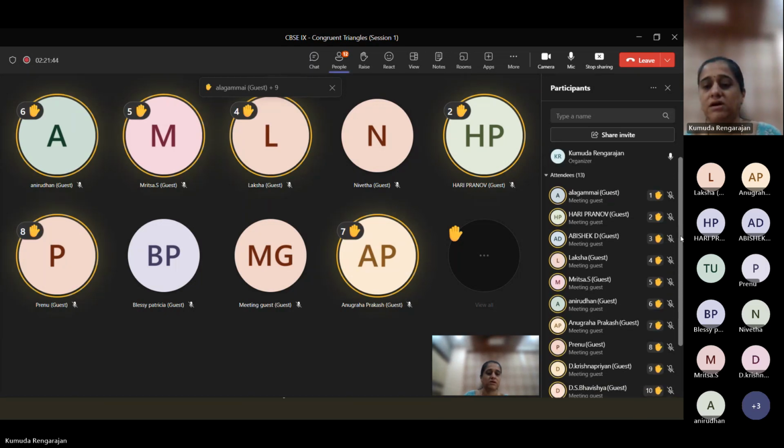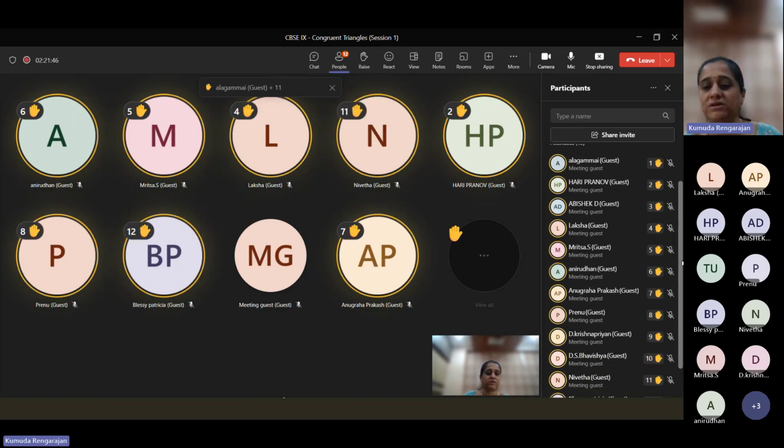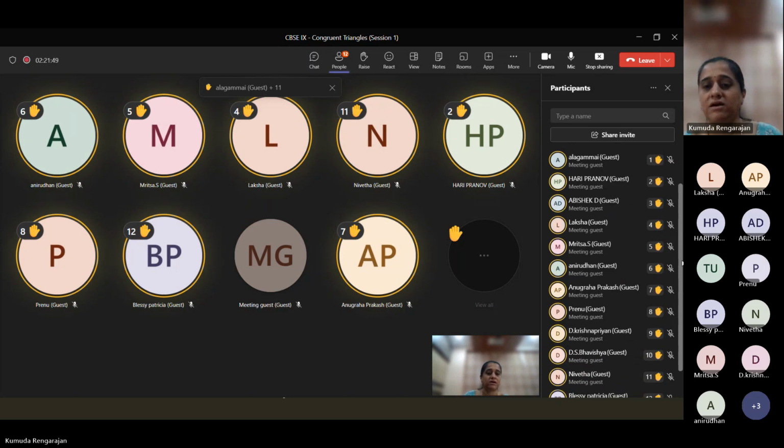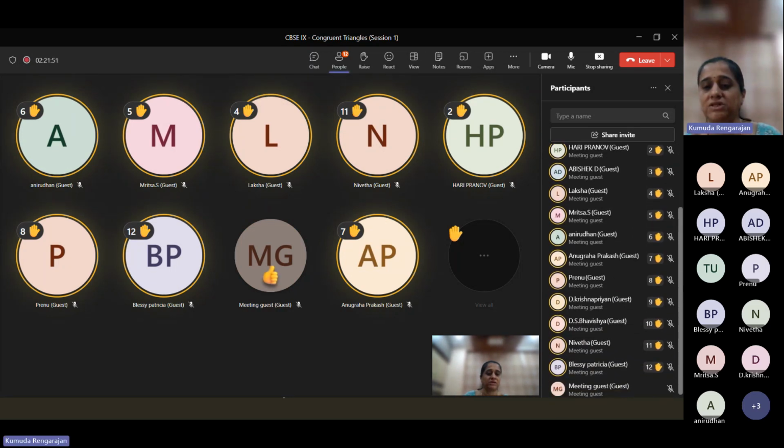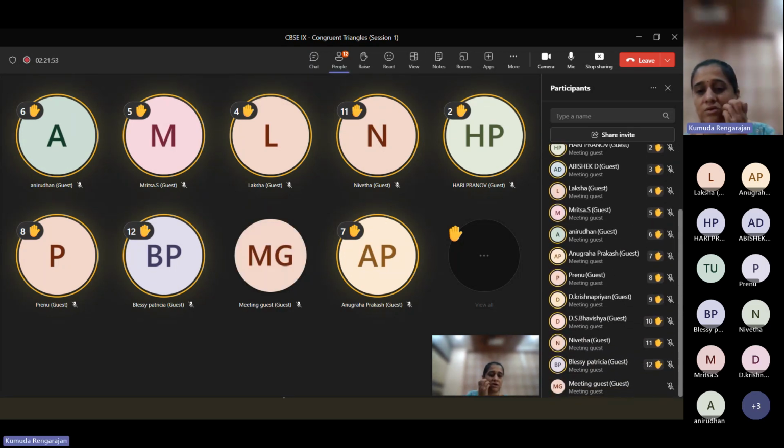Adigamai, Hari Pranav, Abhishek, that's great. Laksha, Mritsa, Anirudhan, Anugraha. Anugraha is a very silent guest. Anugraha is like a judge. She silently watches over me, how I teach. Am I teaching correctly? Thank you, Anugraha.